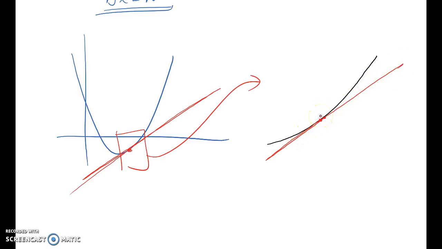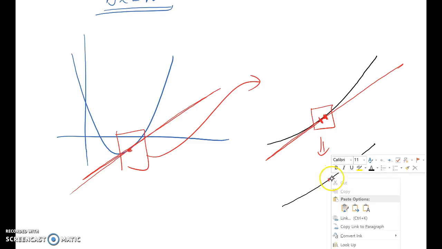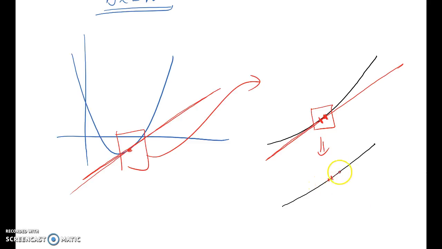Then obviously we have 1 point and another point here, so we can find the slope because two points are available. Now we zoom in on this one again, then it may be more like this, and you choose 2 points again. So like this.